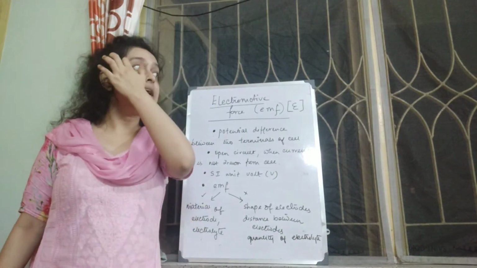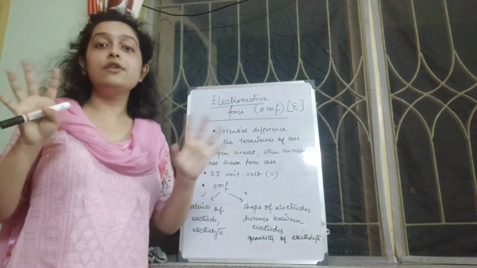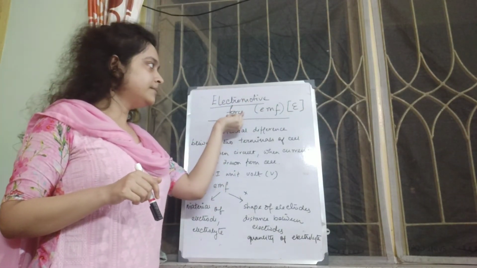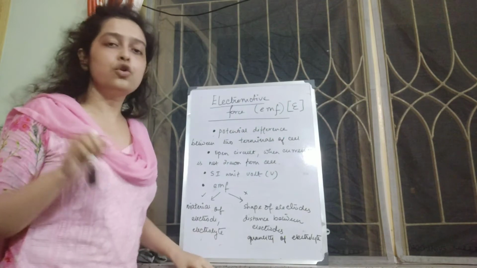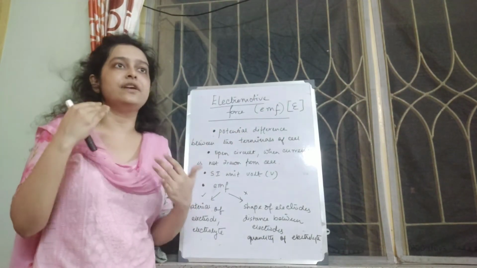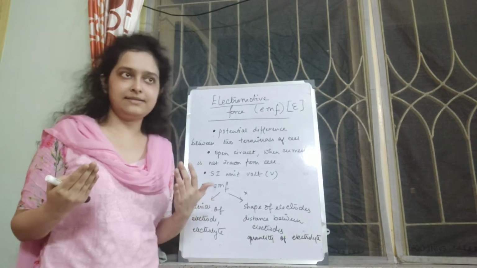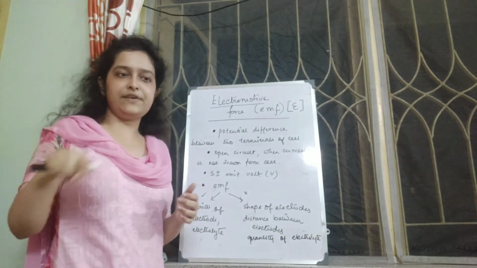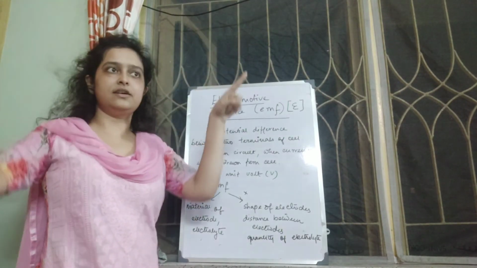But please, it's not a force. Just because you have the word force in the term electromotive force, don't get confused. We use this term because it acts as a driving cause for driving the current in the circuit if I connect an external circuit across the two terminals of a cell.